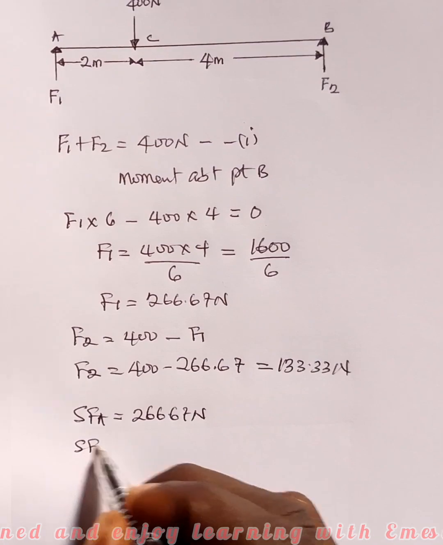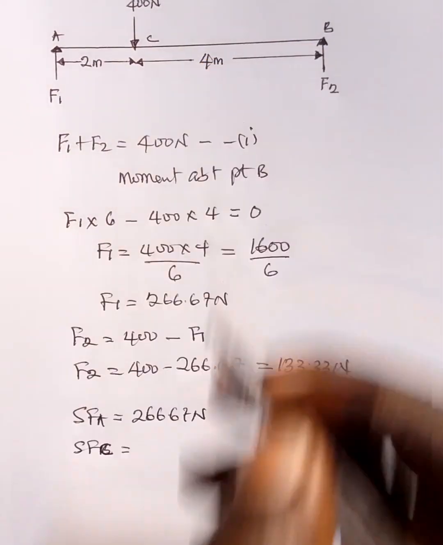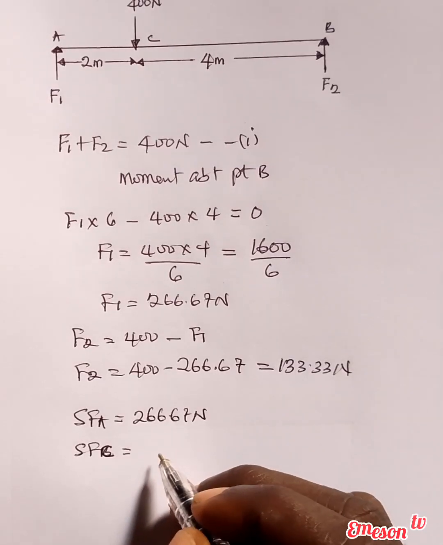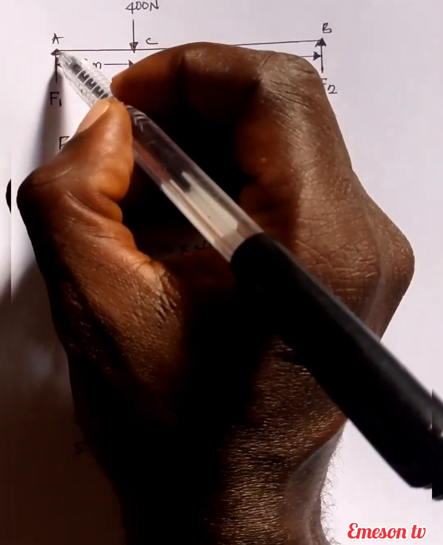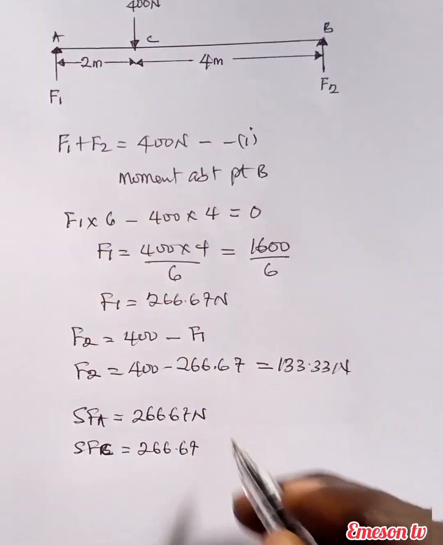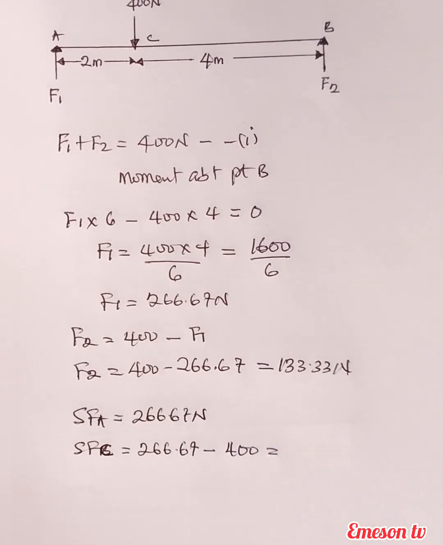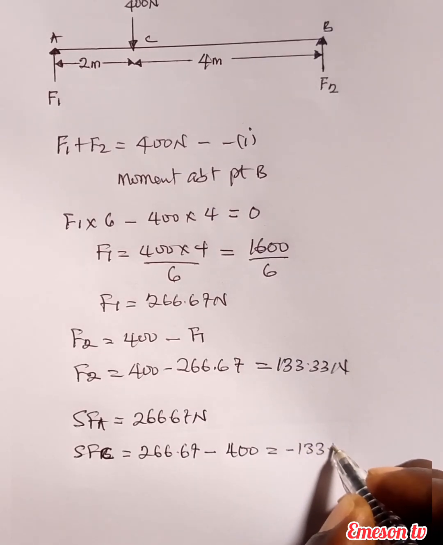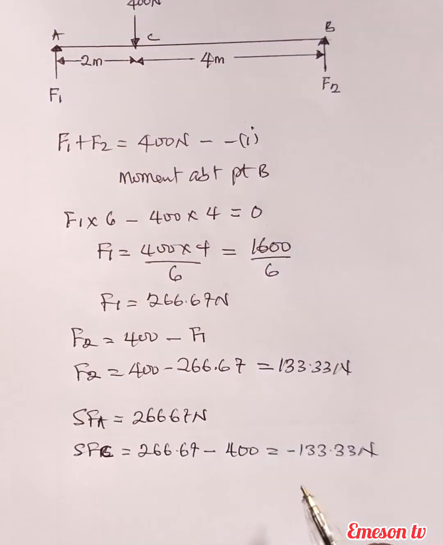Shear force at point C, as we proceed, is the reaction force here, 266.67, minus the next force that you meet, which is 400, which equals negative 133.33 Newton. There is no other force along the line.